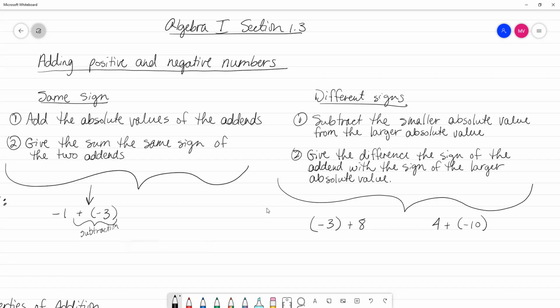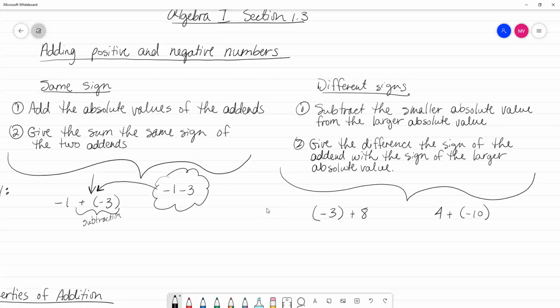So when you see subtraction, -1 minus 3, you should be able to recognize it means the same thing as -1 plus a -3. And if you can see it that way, then you can understand these steps for adding positive and negative numbers will work, even if it's written this way, like a subtraction problem. So you can reword it as -1 plus -3 if you need to help you remember your steps.